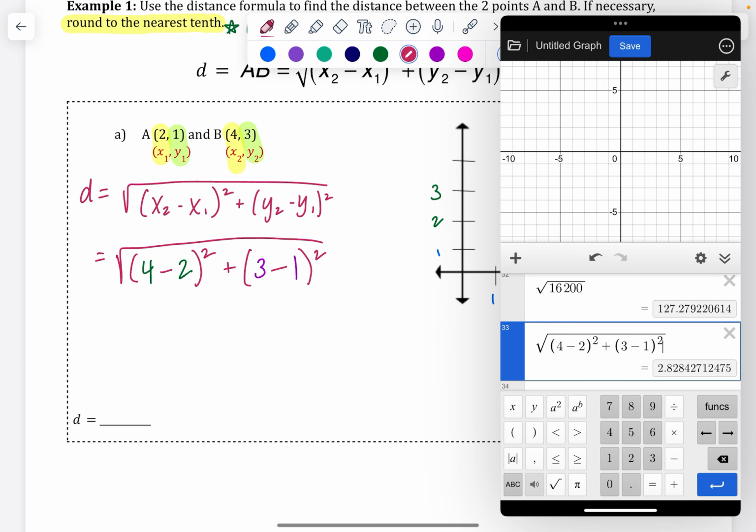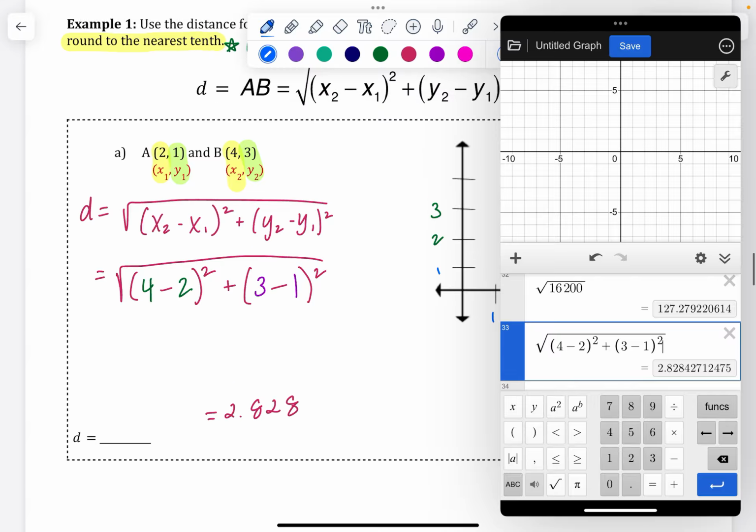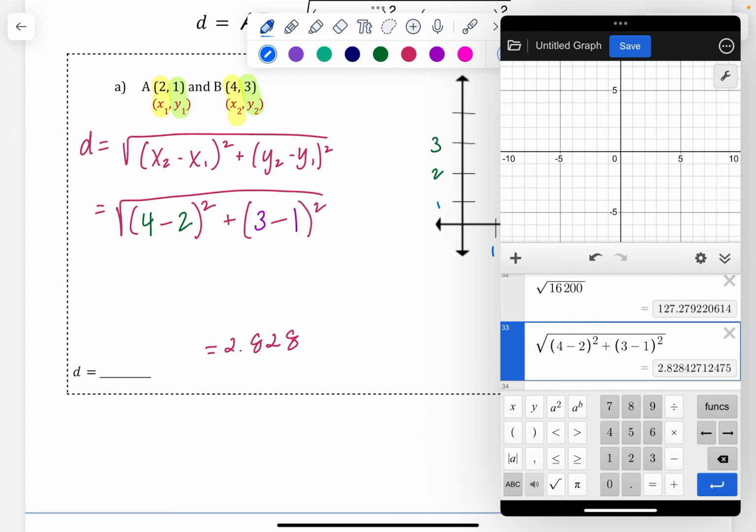And I get this long decimal, 2.828. Again, it's asking us to round to the nearest tenths place. So I need to see if I'm rounding up the 8 or keeping it.